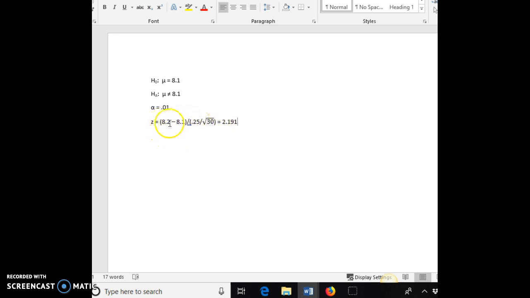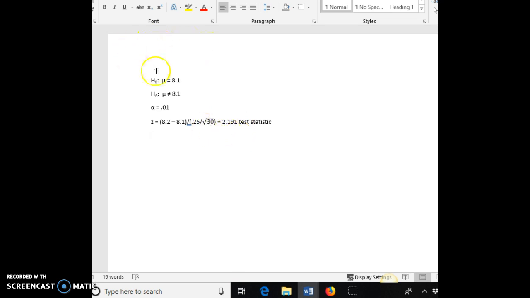So this is exactly the same calculation and exactly the same answer for our test statistic. And let's remember that this formula was our test statistic. Now, once we've got our test statistic in this particular method, we're going to use Excel at this point to look up the p-value for 2.191.